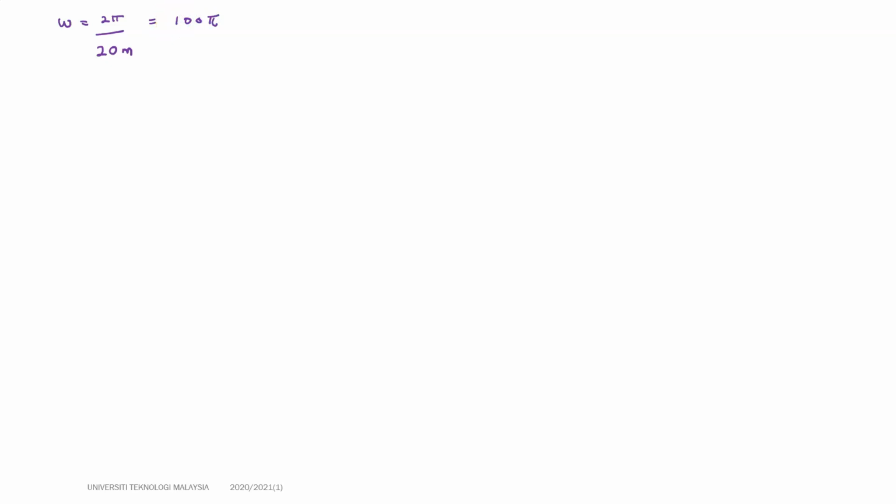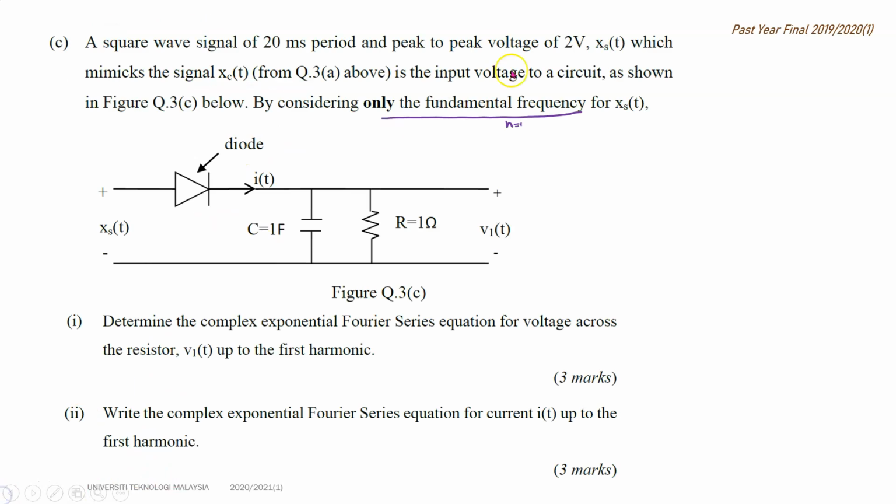Then at xct, looking only at the fundamental part, we have 4 over pi cosine 2 pi multiplied by 10 power of 40 minus pi over 2. The amplitude is also the same, because the peak-to-peak voltage for xt here is given as 2 volt.